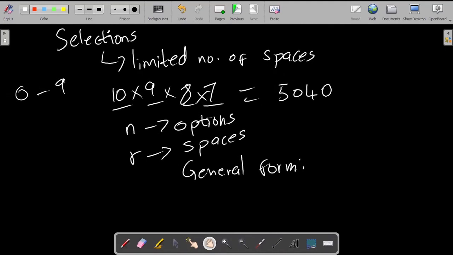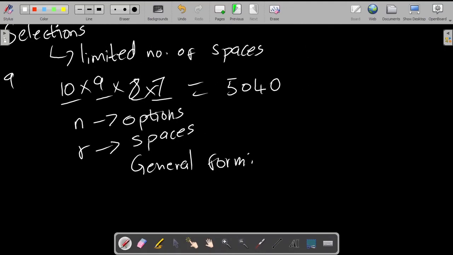So always when you have fewer spaces and more options than there are spaces, you write your answer as n factorial, where n is the number of options, divided by n minus r factorial, where r is the number of spaces available.